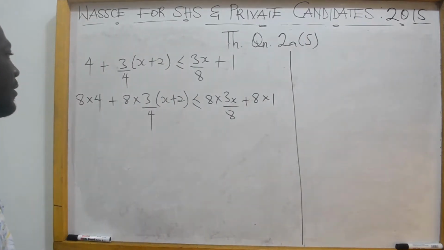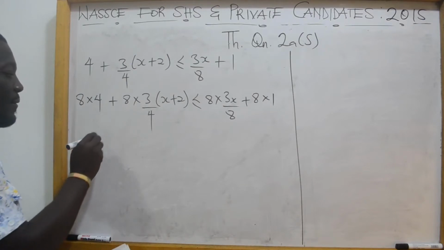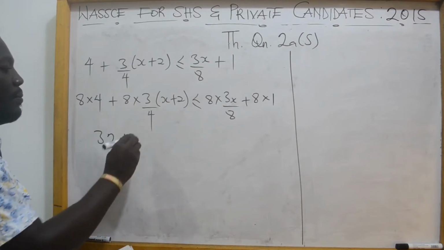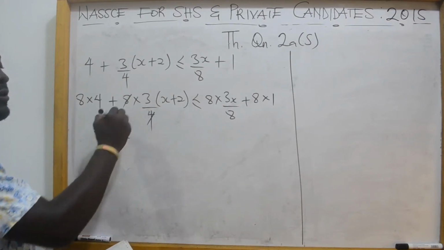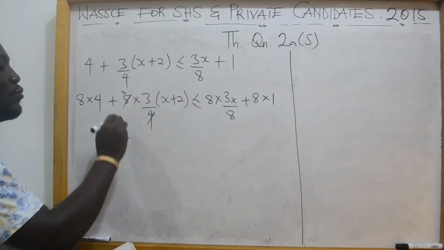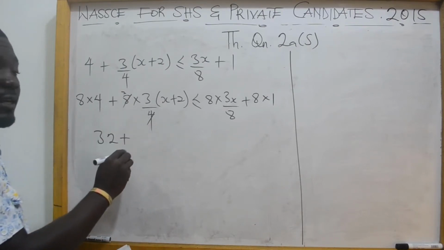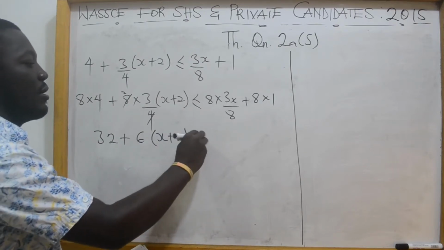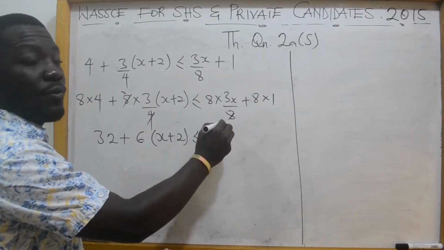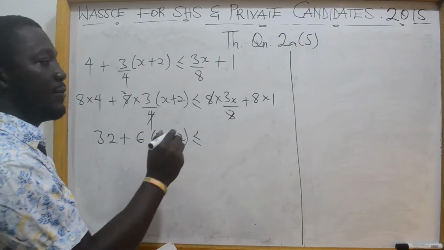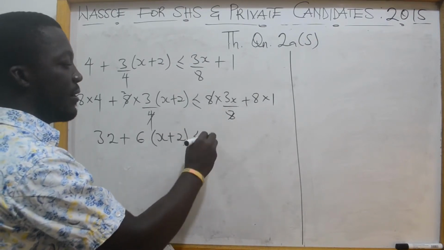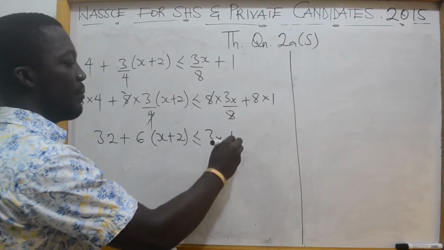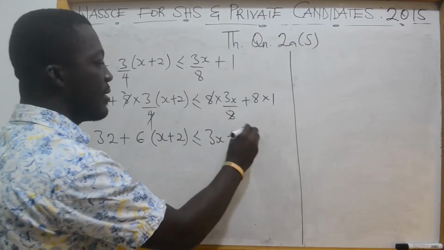With simplification, 8 times 4 is 32 plus 4 into 8 is 2, 2 times 3 is 6, 6 into bracket x plus 2 less or equal to, 8 will cancel 8, so we will be left with 1 times 3x, which is 3x, plus 8 times 1 is 8.